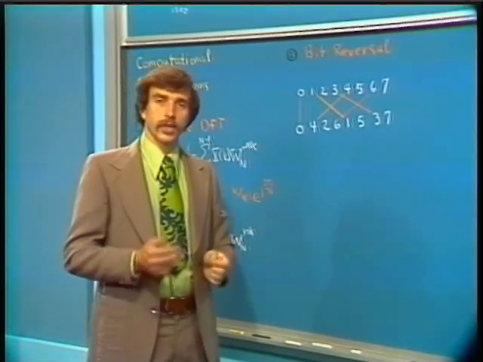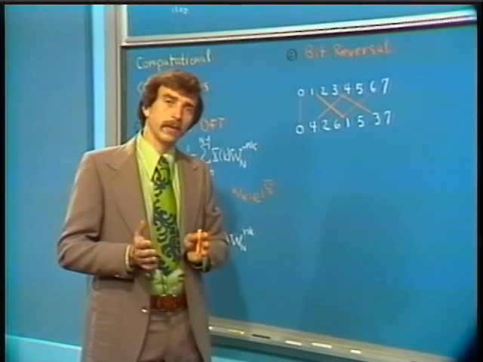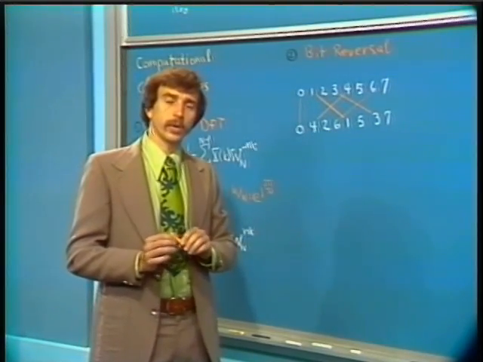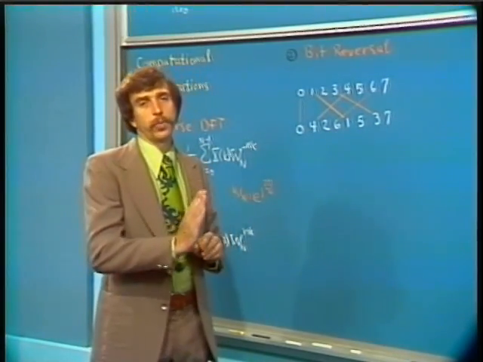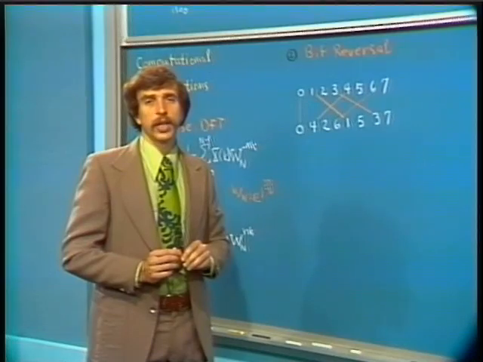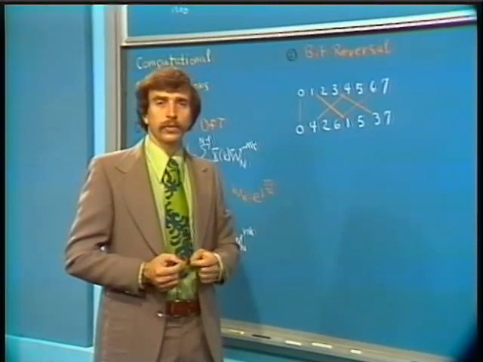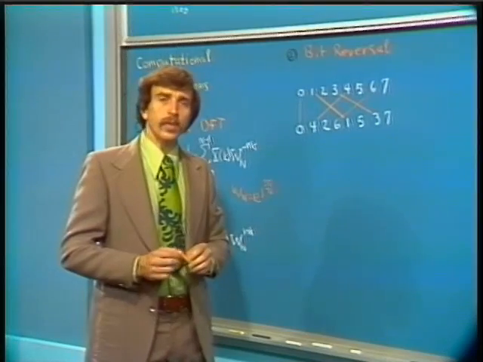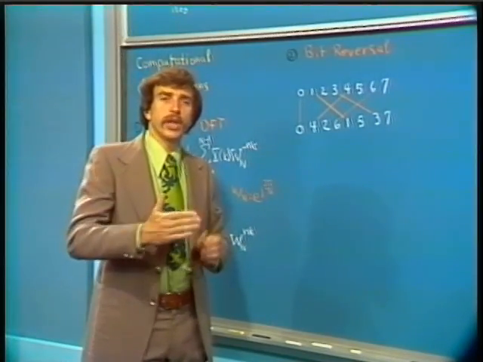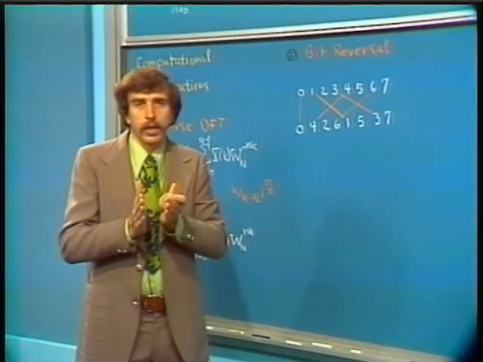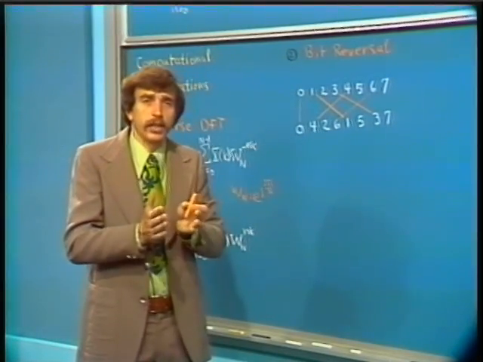Along those lines, it's interesting to observe that in both the decimation-in-time and decimation-in-frequency forms of the algorithm, as you proceed from stage to stage, the powers of W that are involved in the computation are powers of a basic power of W that doubles, or at least changes in each stage.